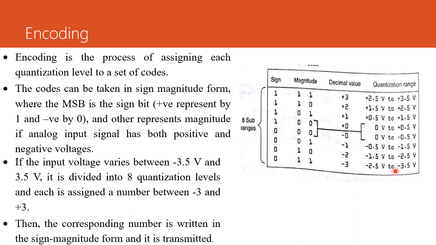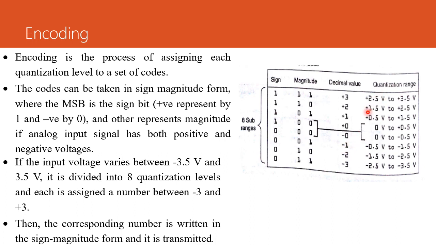Suppose your analog input is in between minus 3.5 to minus 2.5, then in quantization your analog input will be rounded off to the nearest voltage level, that is minus 3. If your analog input is in between minus 0.5 to minus 1.5, then in the quantization process your analog input will be rounded off to the nearest quantization level, so in this example it will be rounded off to minus 1.